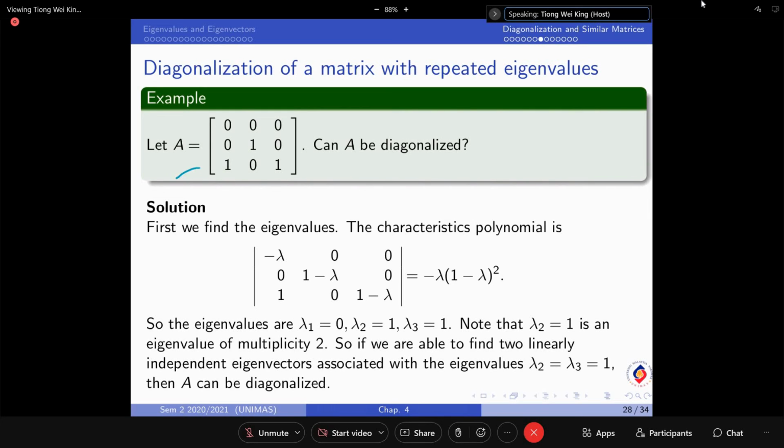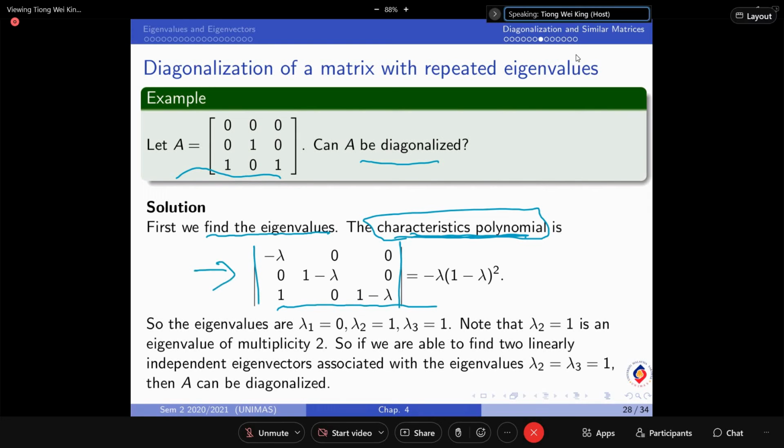Now, let A be this matrix. Can A be diagonalized? First you need to find the eigenvalues. So this is the characteristic equation or characteristic polynomial. Sometimes we say characteristic polynomial, sometimes characteristic equation. So you will get this. Find the determinant using cofactor expansion.